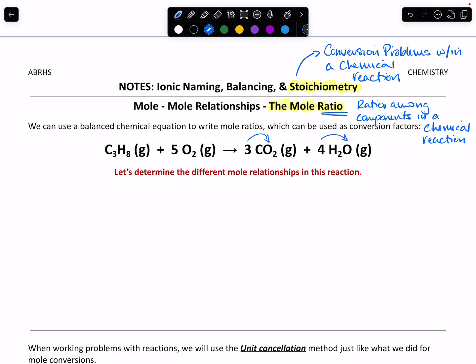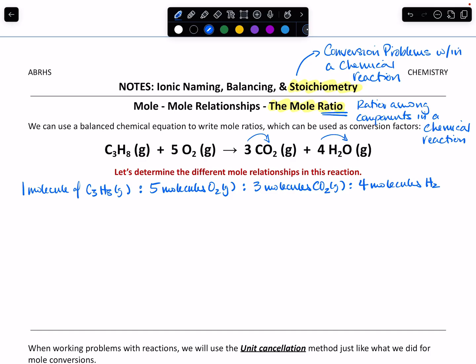So we can use the compounds themselves to talk about ratios to one another. Let's say we're just talking about single particles. If I have one molecule of C3H8 gas, then I'm going to be able to react that with 5 molecules of O2 gas. And what that's going to do for products is allow me to produce 3 molecules of CO2 gas and 4 molecules of H2O gas.